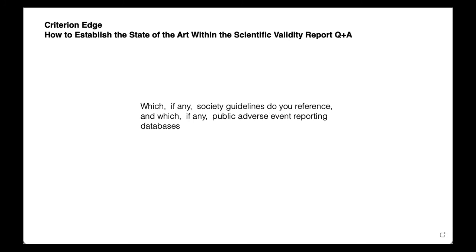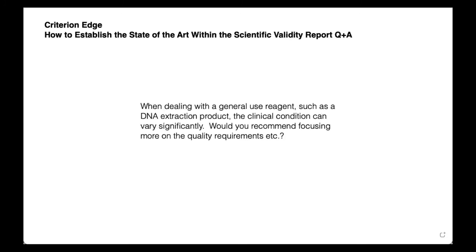Okay, we just have a couple more questions. I'll go through those. When dealing with a general use reagent, such as a DNA extraction product, the clinical condition can vary significantly. Would you recommend focusing more on the quality requirements? Yes, I think that would be the approach I would take.